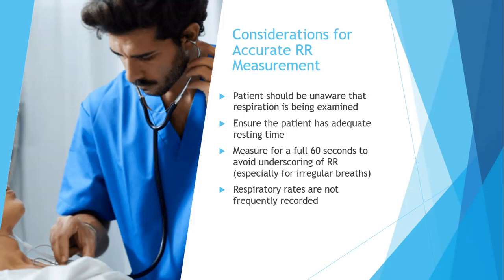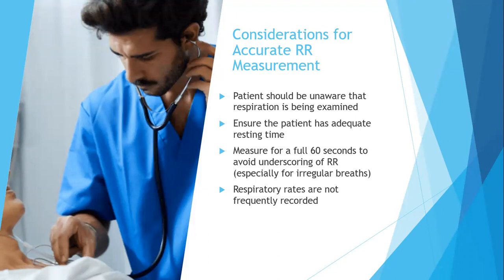You want to measure for a full 60 seconds. The reason is that when we're measuring heart rate, the normal is 60 to 100. Even if you measure for 30 seconds, you're getting a good number of heart beats. Well, the normal respiratory rate is a lot lower, and so you're not getting the same number of respirations in a minute.